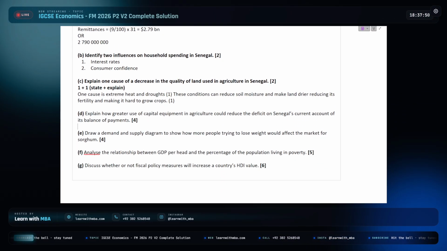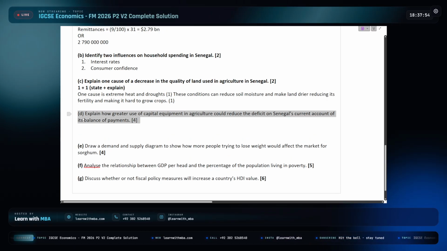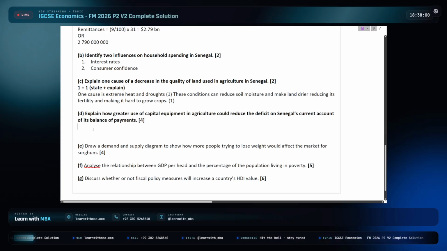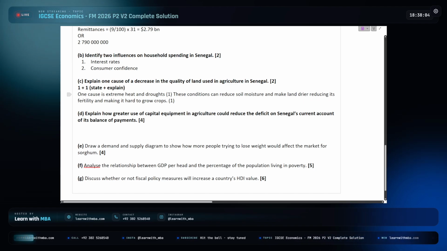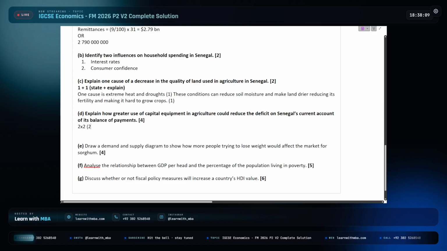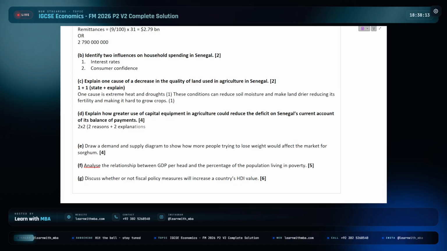The next one says, explain how a greater use of capital equipment in agriculture could reduce the deficit on their current account of balance of payment. Generally, when you're writing about explain, I remember it's a 2 times 2 mark policy, right? So two reasons and two strands of explanations.